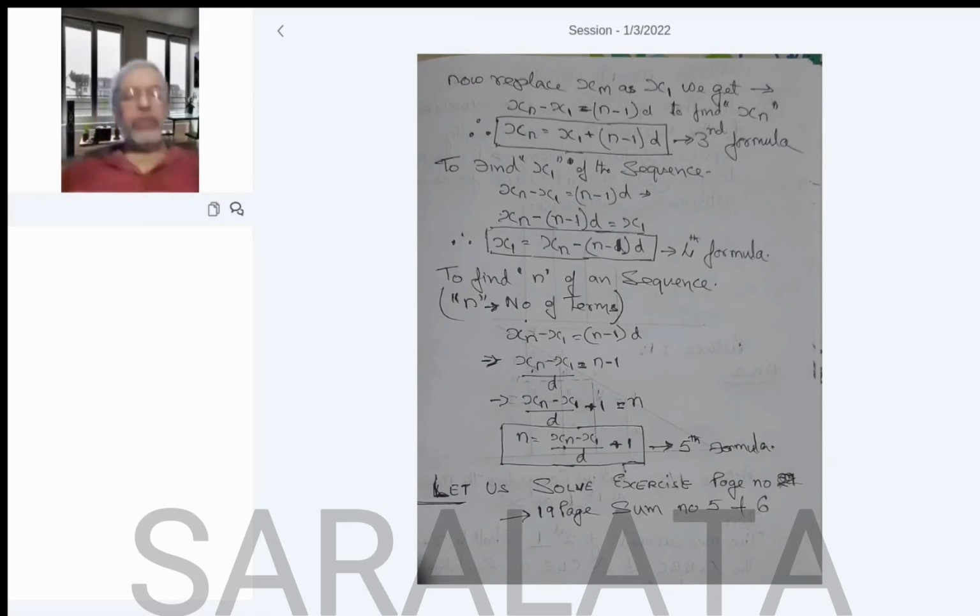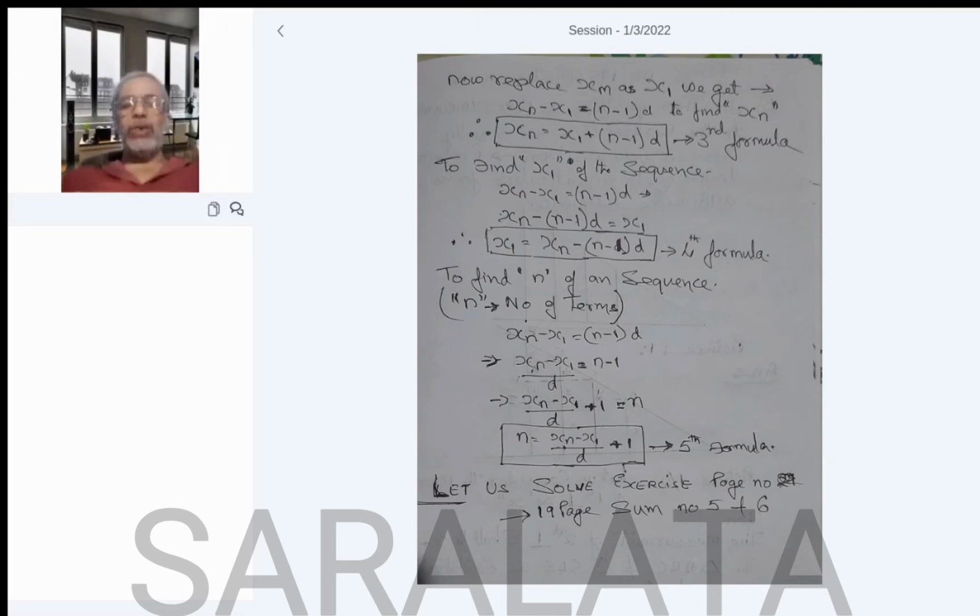Now, if you go to the slide, you can understand that when I replace xm minus xm as x1, what I get is xn minus x1 is equal to (n minus 1) into d. To find out xn, I need to separate xn from the above.